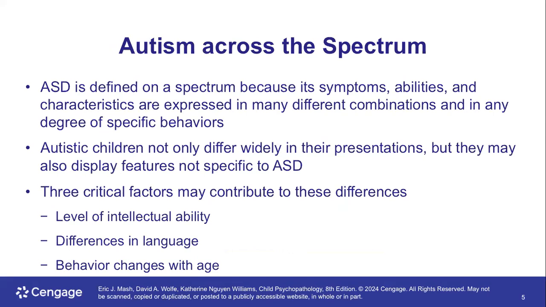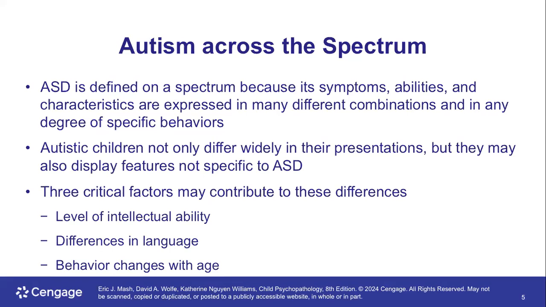And you might say, well, why is autism on a spectrum? The answer is because there is a broad range of symptoms, abilities, and characteristics from individual to individual. So if you have 10 individuals who are on the autism spectrum, their combination of symptoms will look quite different. So you have to have a very individualized approach to treatment.